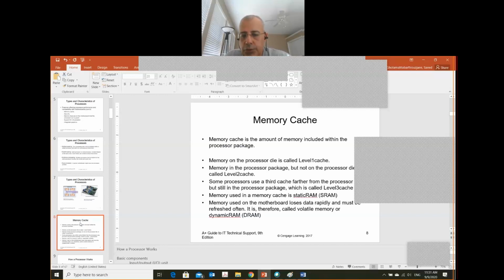And some processors use a third cache, which is further from the processor core, but still in the processor. So any kind of memory inside the processor unit is called cache, which is the fastest type of memory. We also have static RAM inside the processor.